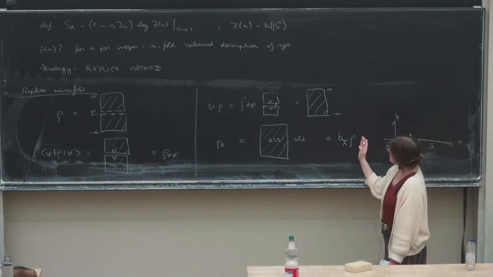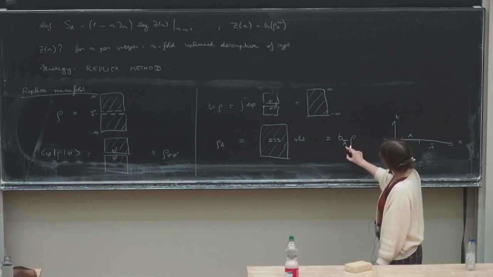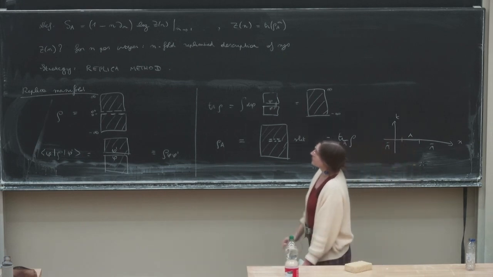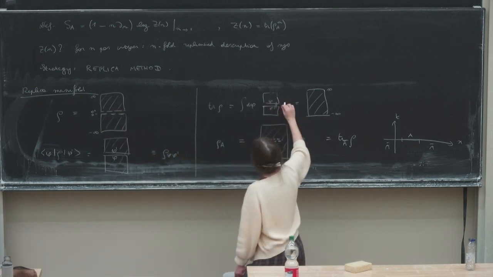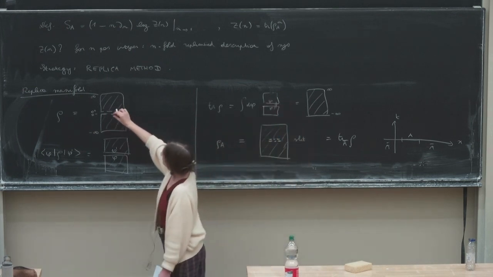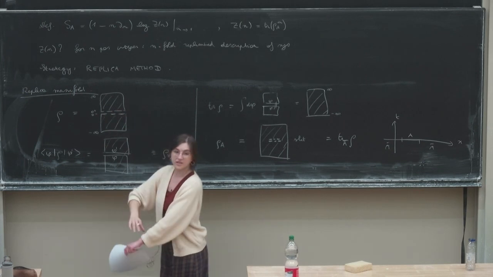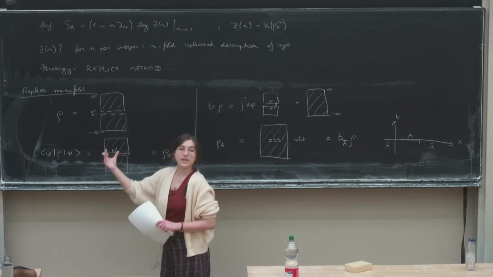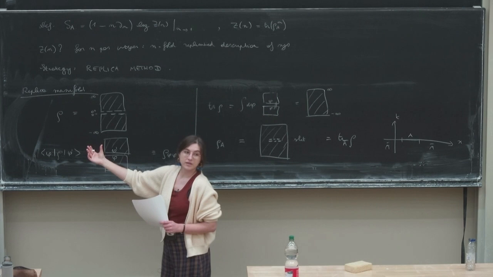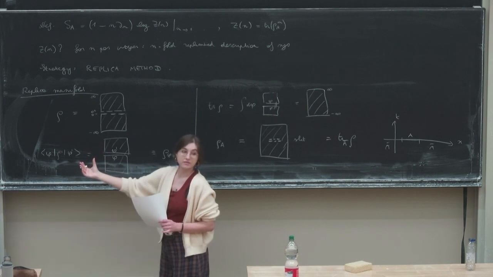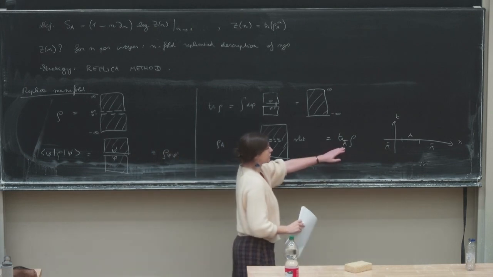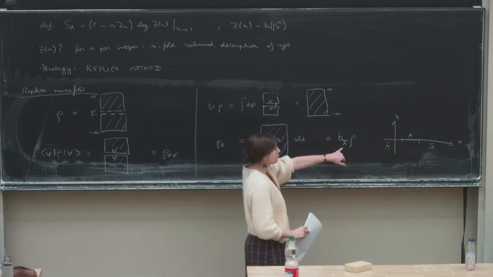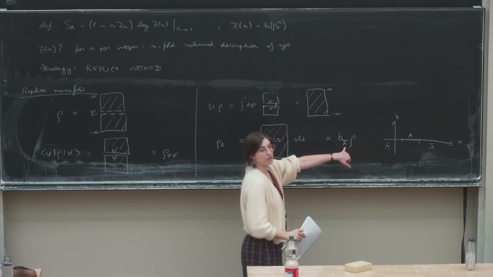Okay, so what this is telling us is that we need to trace the rho, meaning gluing those boundaries here together, but only in the region A bar, and leaving out A. Because rho_A is defined as tracing not over everything, but only over the degrees of freedom in A bar of rho.